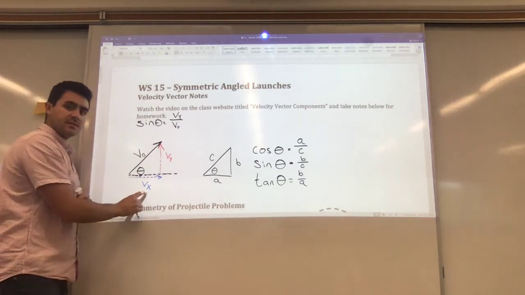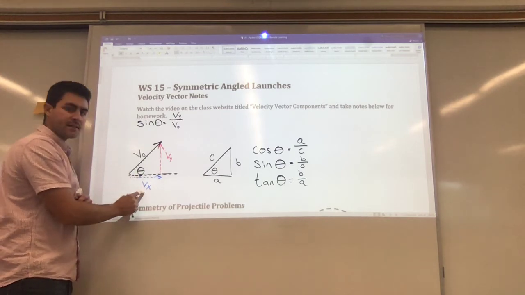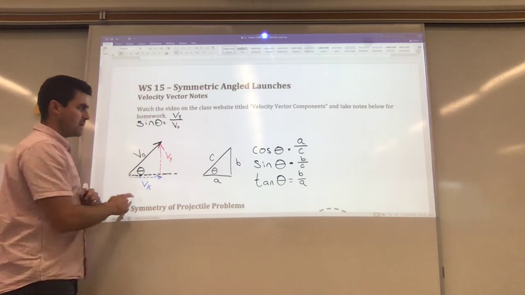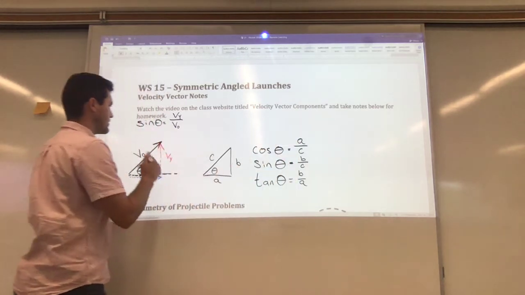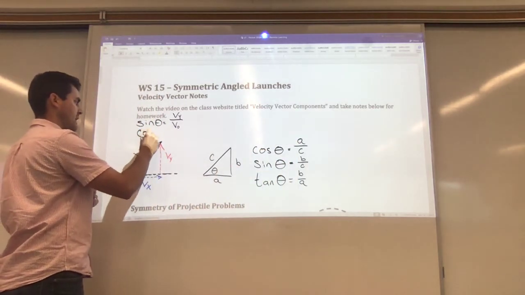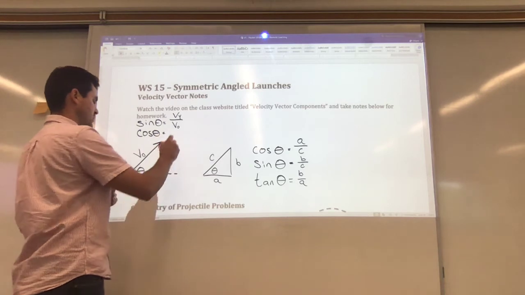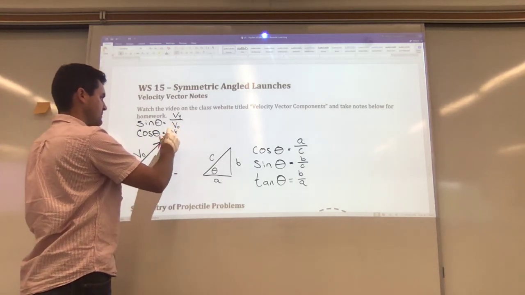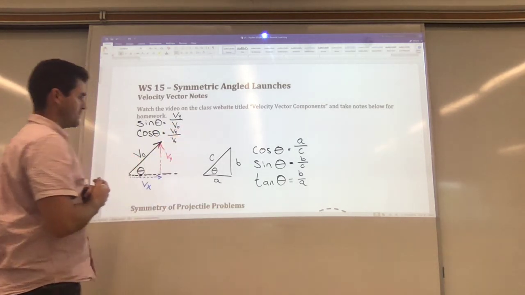Let's look at Vx. Vx is the adjacent side to this angle. The adjacent function is the cosine function. I can use cosine of theta equals Vx over the initial velocity, or V0.